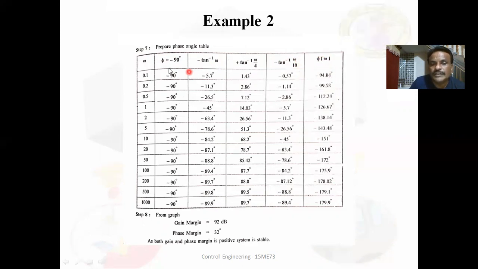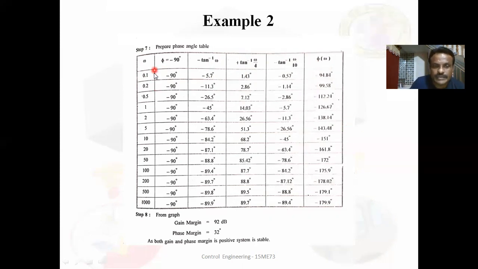The resultant is the summation of these four. Omega equal to 0.1: this will be minus 90. Substituting omega equal to 0.1, here it is minus 5.7 degrees, then here it is 1.43 degrees. The resultant total is minus 94.87.